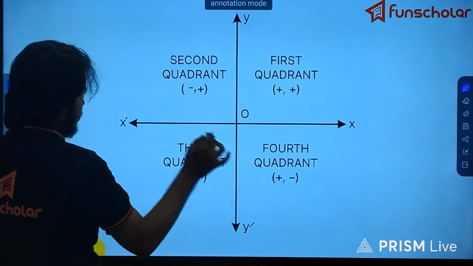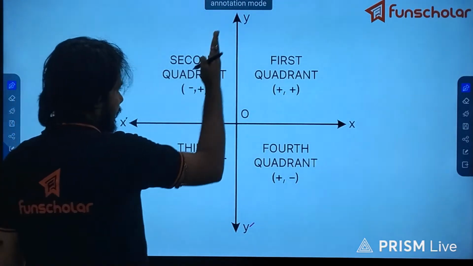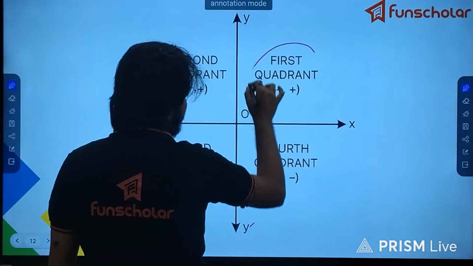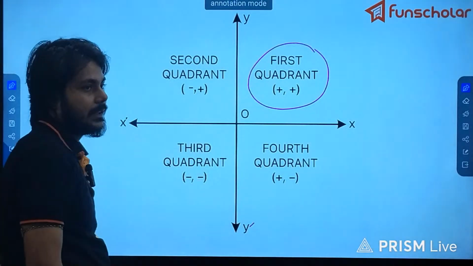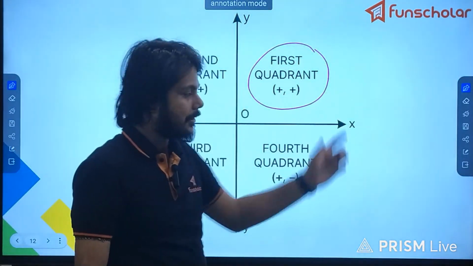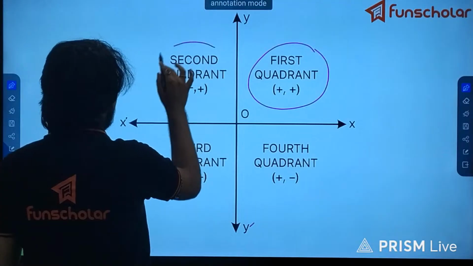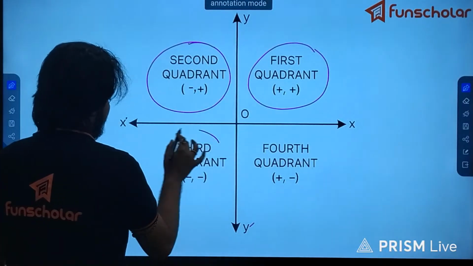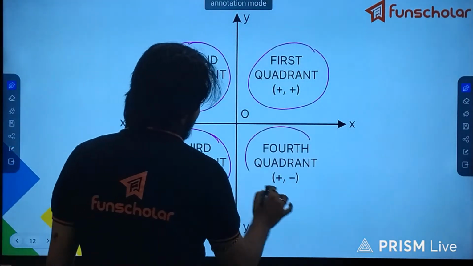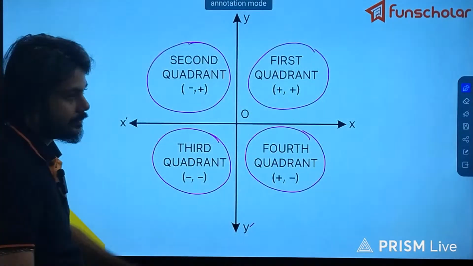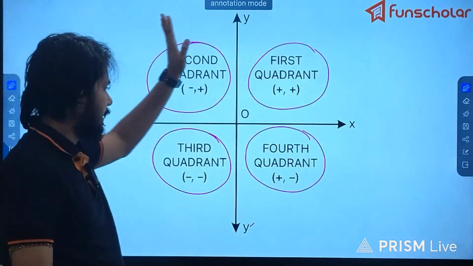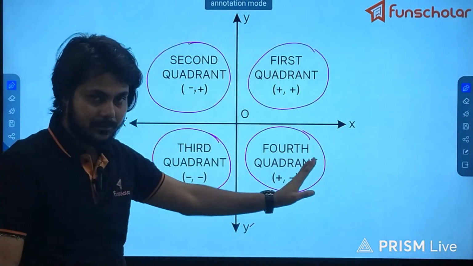Y dash, x dash. This portion here is the first quadrant. This portion is the second quadrant. This is the third and this is the fourth quadrant. First quadrant, second quadrant, third quadrant and fourth quadrant.